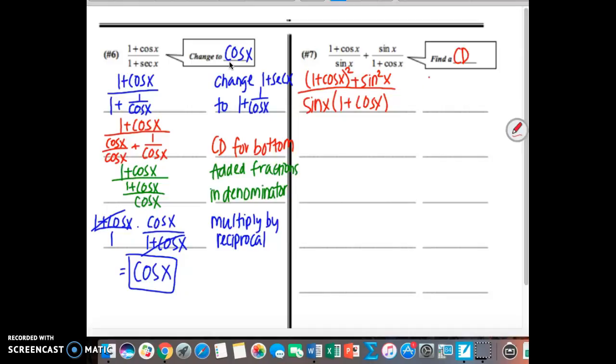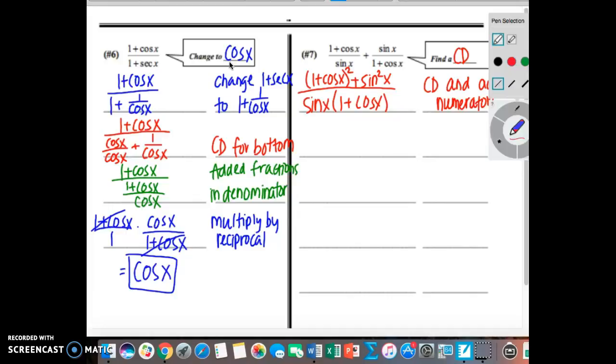So what we did in this step was common denominator and added numerators. So we kind of did 2 steps in one.